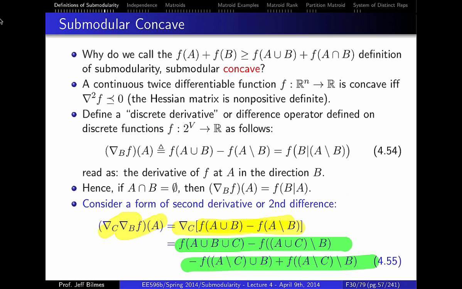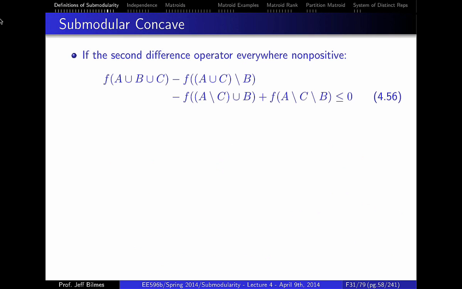So now, if we were to put some condition on that, like maybe a negativeness of the Hessian-like thing in equation 4.55, maybe that would give us the submodularity inequality. So let's take a look at that idea.